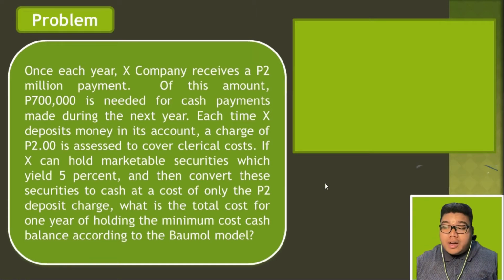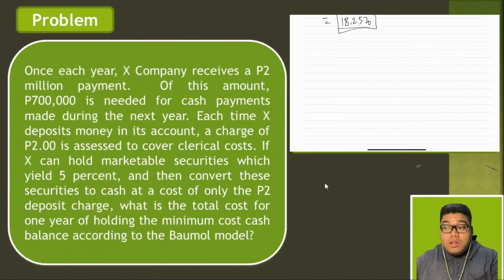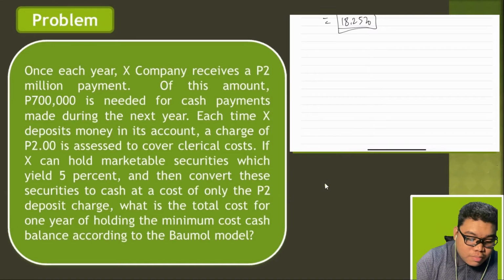If X can hold marketable securities which yield 5% and then convert these securities to cash at a cost of only 2 pesos deposit charge, what is the total cost for 1 year of holding minimum cost cash balance according to the Baumol model? So in here, we need to determine the optimum cash balance first.